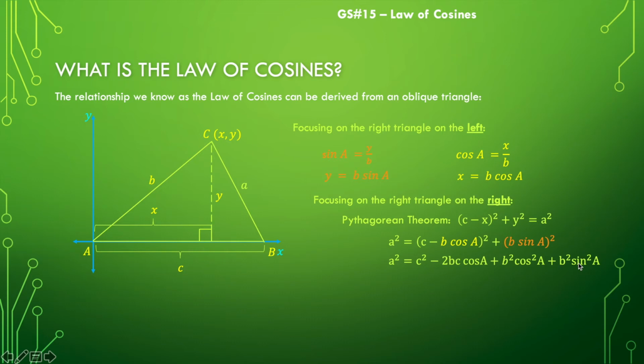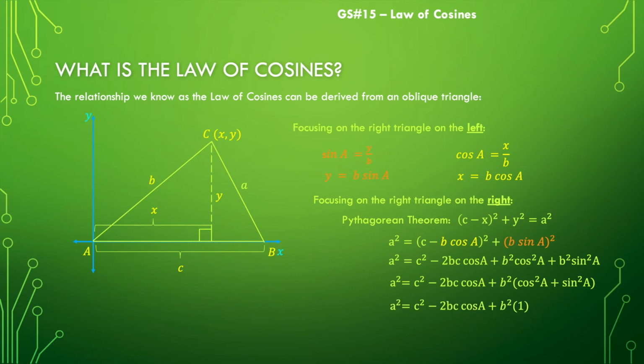Okay, so now we're going to clean this up a little bit because it's a little bit cumbersome. If you look at the right-hand part of the right-hand side, we notice that there's a b squared in both of these terms. We're going to go ahead and factor that out. And when we factor it out, we're left with cosine squared of A plus sine squared of A, which you probably recognized as a Pythagorean identity: sine squared of theta plus cosine squared of theta is equal to 1.